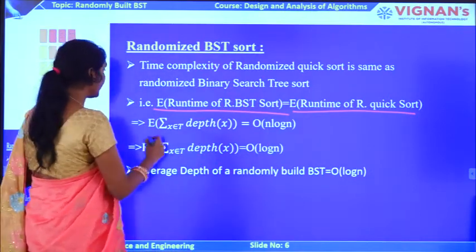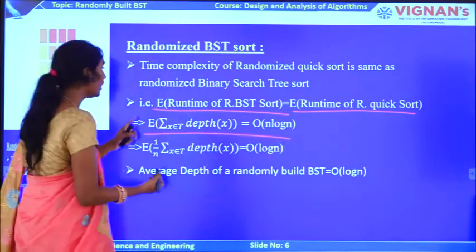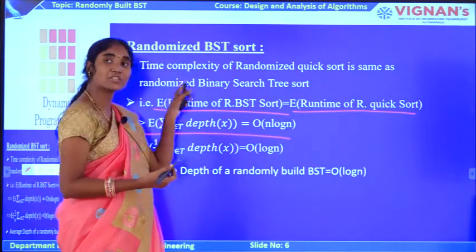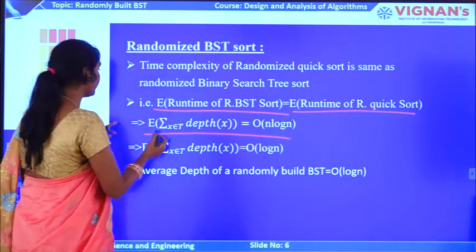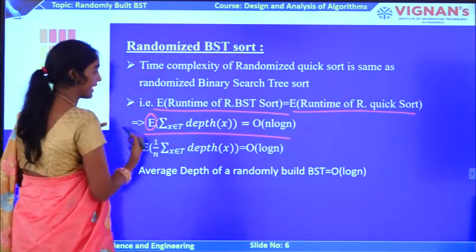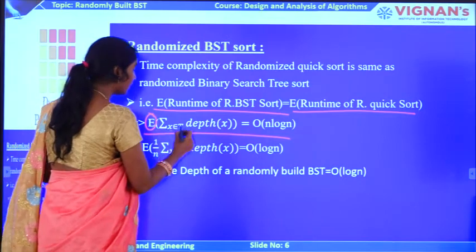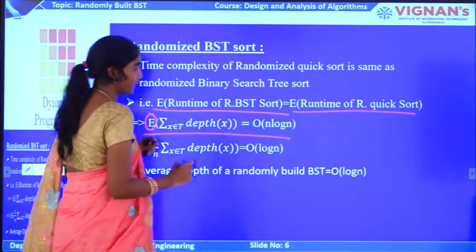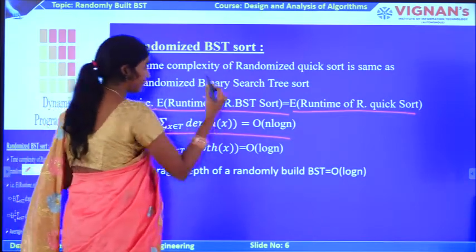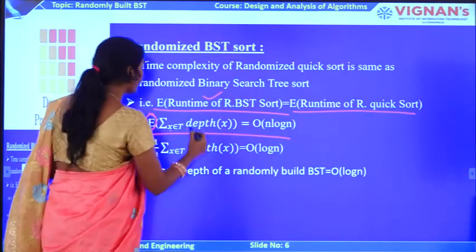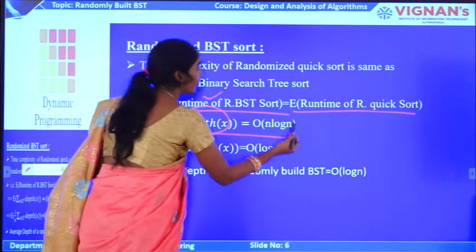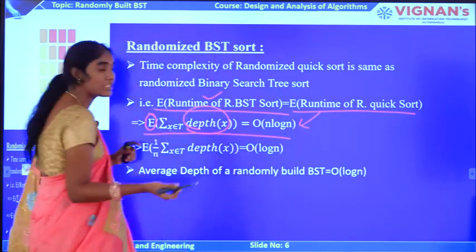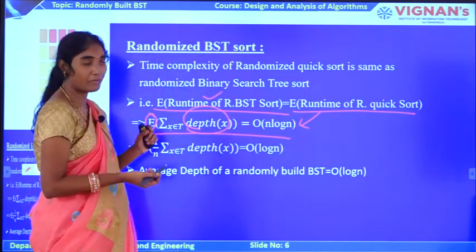So that implies the runtime of RBST sort I can represent with the help of depth. Here E is the expectation, summation over x belonging to T, depth of x. So here the runtime of RBST sort I am explaining with the help of depth. So the sum of depth of x is equal to big O of n log n, as you have already seen previously, the runtime of your randomized quicksort.